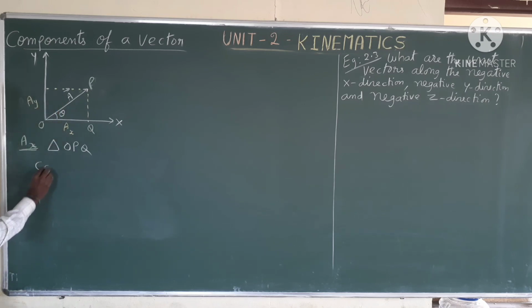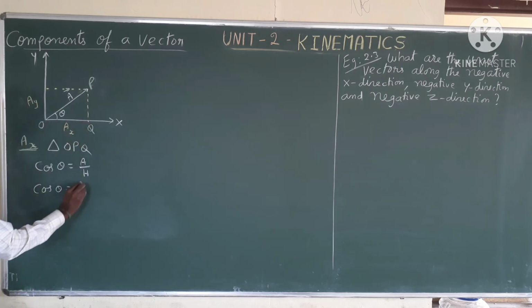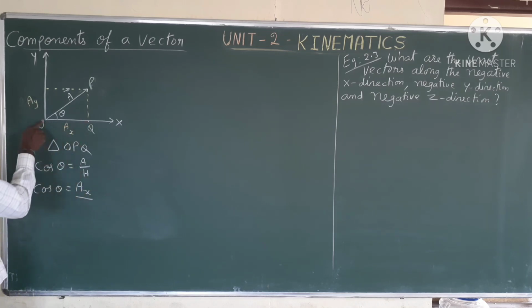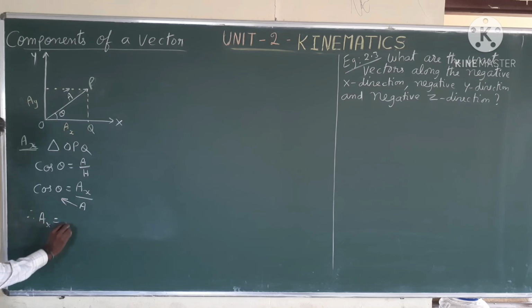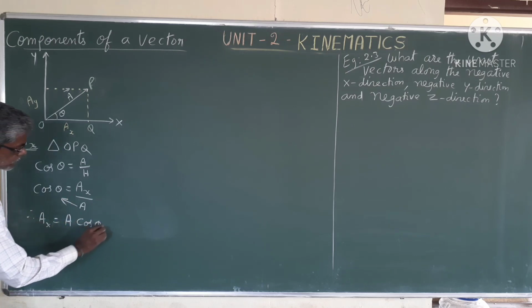So cos theta is equal to what? Adjacent side by hypotenuse. So cos theta is equal to what is adjacent? Ax. Hypotenuse is A. So therefore Ax is equal to A cos theta.